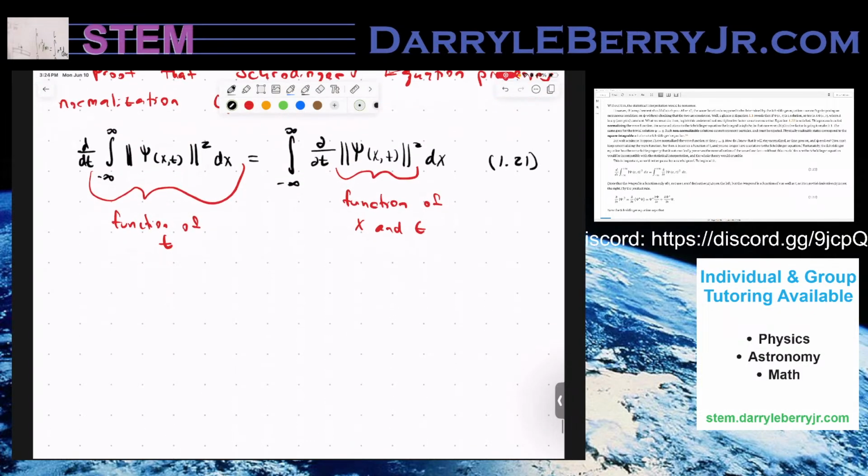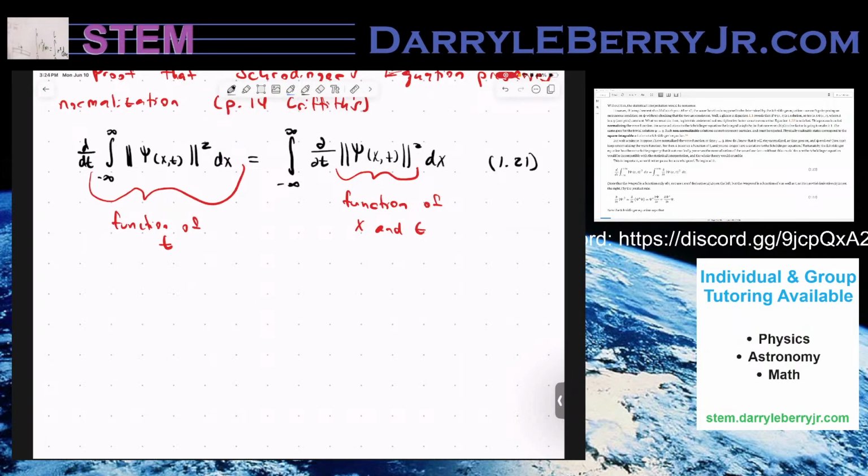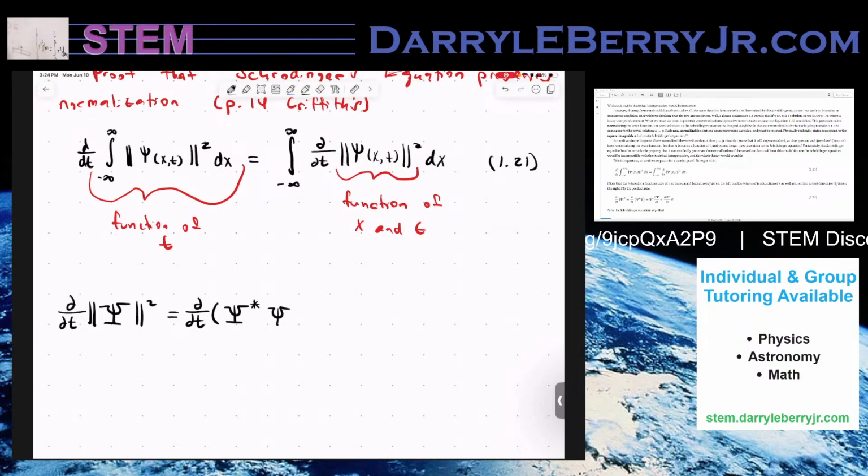So what we're going to do is do the product rule derivative of the inside. And this seems to point towards the sort of magnitude idea I had of this, but I may have to come back and adjust that. So that squared equals the partial derivative with respect to t of psi equals.